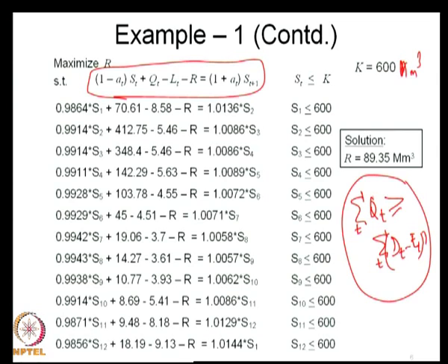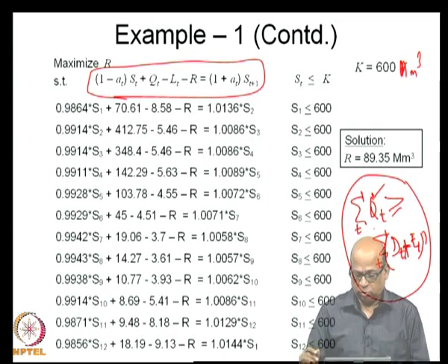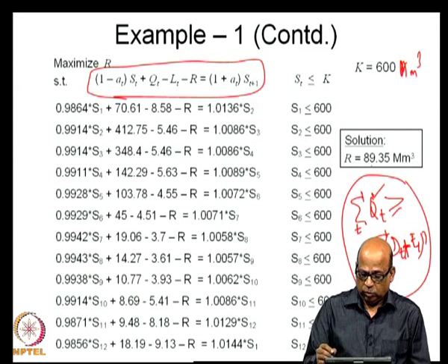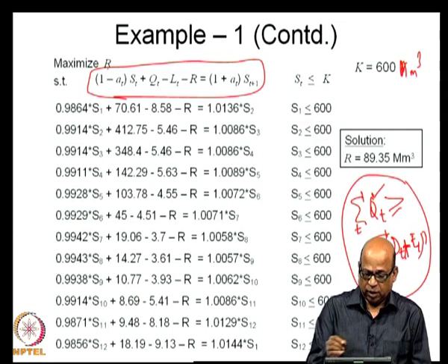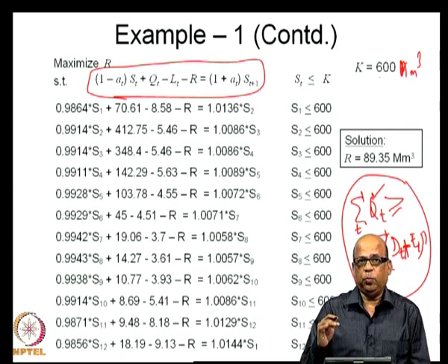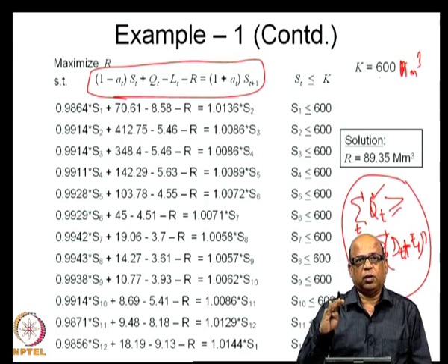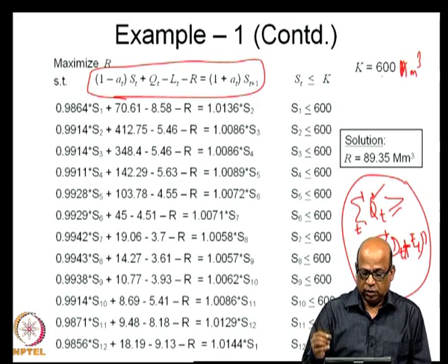That is, the total flows that you have must be greater than or equal to the total demand plus the evaporation losses. If this is not met, then you will get infeasible solutions. So, no matter what capacity you provide, you will be able to meet a constant, maximum constant demand only up to a certain point. Beyond that, whatever capacity that you are building will be a waste. So, let us examine that.